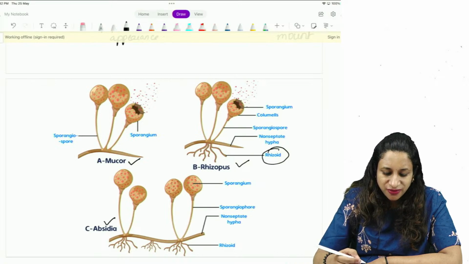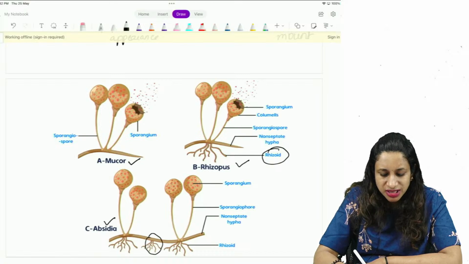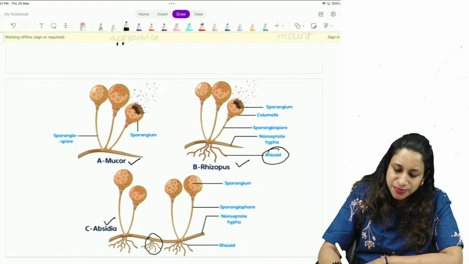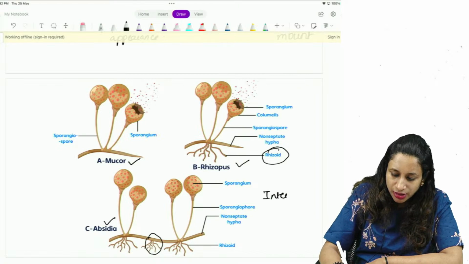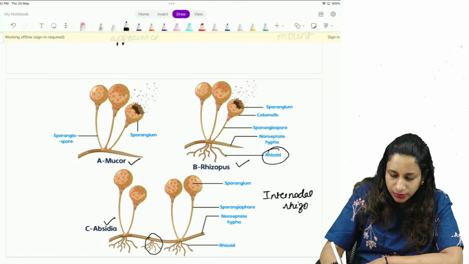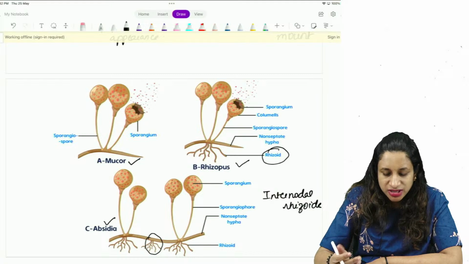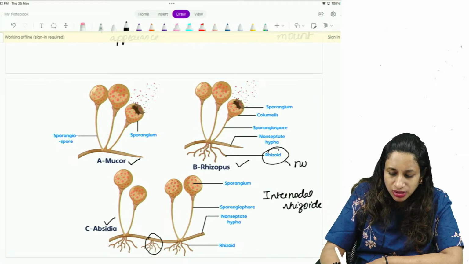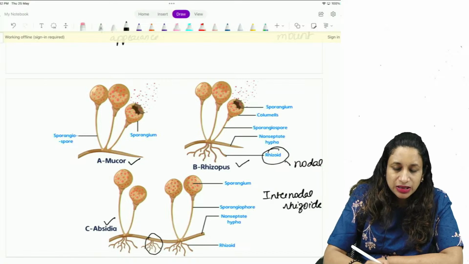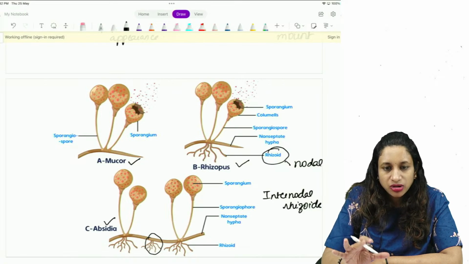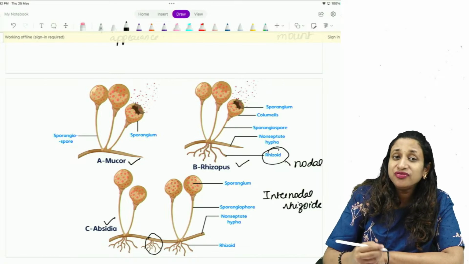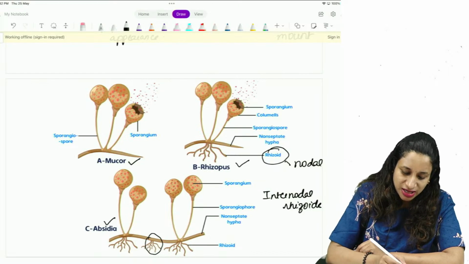Now the other difference that you tend to see is that internodal rhizoids are seen with Absidia. So Absidia shows internodal rhizoids, whereas Rhizopus shows nodal rhizoids. So here it tends to be nodal, and the differentiating feature between all of them is that you have Mucor which does not have any rhizoids.